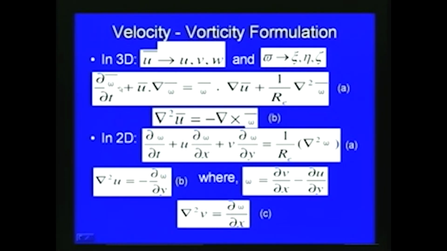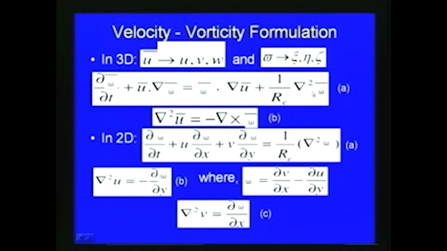The first one is the vorticity transport equation. Here omega bar is the vorticity vector. So, del omega bar by del t plus u bar dot del omega bar is equal to omega bar dot del u bar plus 1 by Re del square omega bar. Here Re is the Reynolds number, omega bar is the vorticity vector, and u bar is the velocity vector.